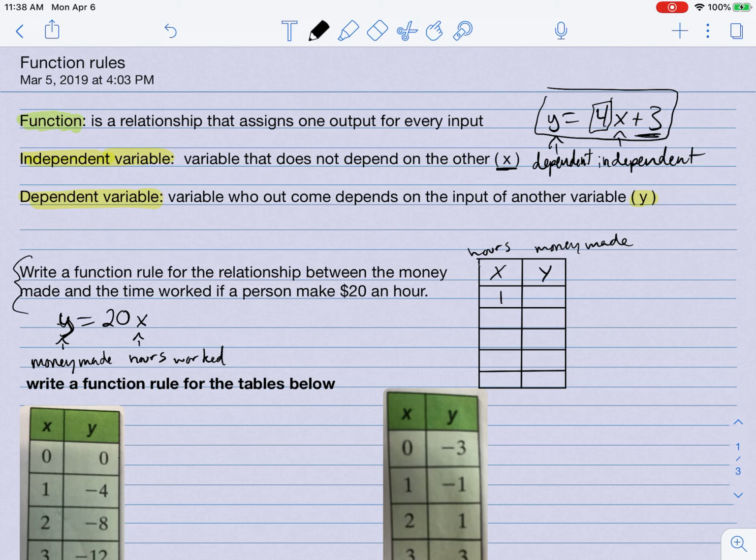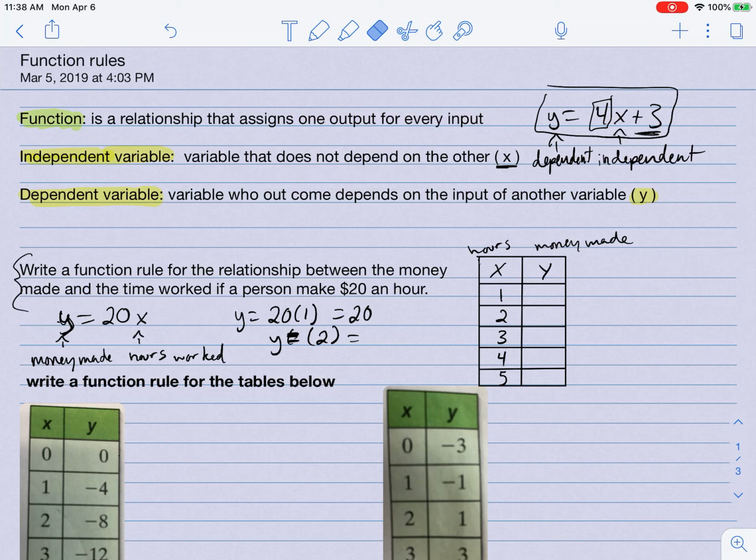And so we can fill this out. We can find out what you make depending on the number of hours you work by putting in different numbers for the number of hours. So here, if you work 1 hour, you get y equals 20 times 1, which equals 20. Now let's do 2 hours. You get y equals 20 times 2, so you're going to multiply 20 by 2, and you get 40.